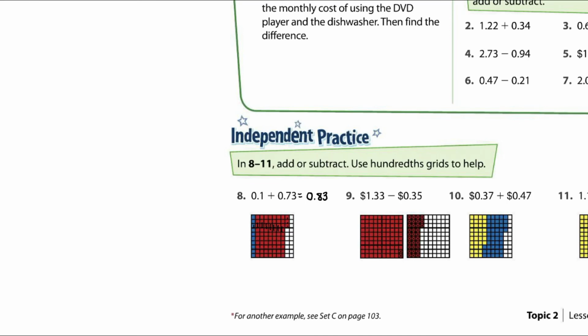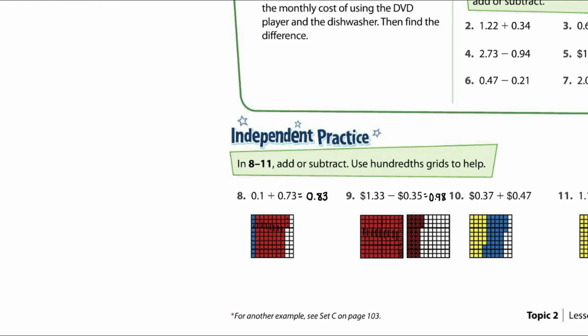For this one, it's subtracting. They already took away the 35 hundredths for you. So this is pretty easy. You just count what's left. 10, 20, 30, 40, 50, 60, 70, 80, 90, 91, 92, 93, 94, 95, 96, 97, 98. 98 hundredths.